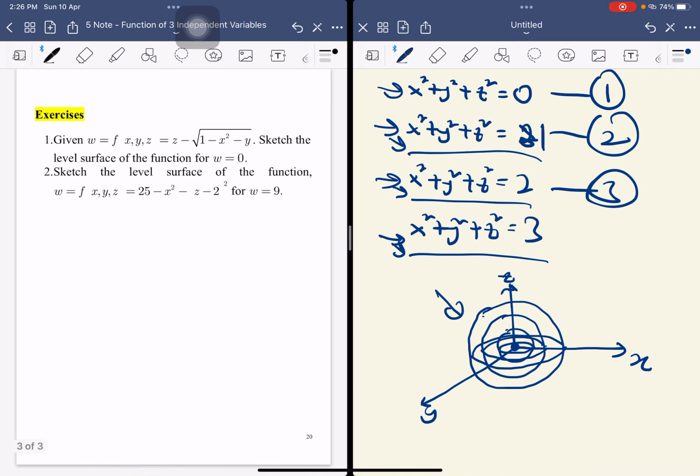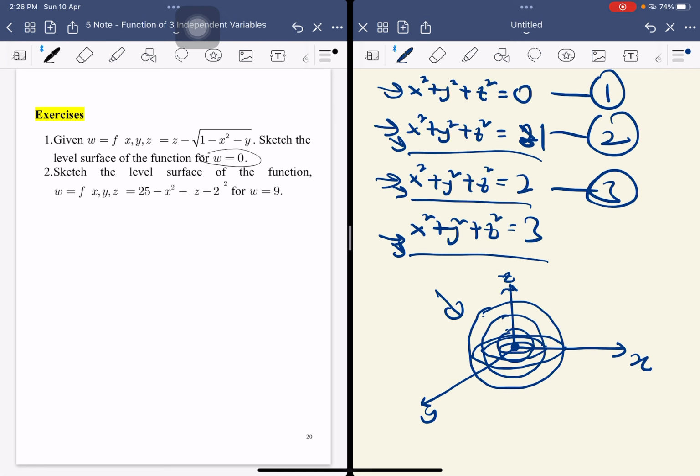Sketch the level surface of the function for W equal to 0, for example. So you're going to sketch it for the specific value W equal to 0 only. Like I said, sketching 3D space is not as easy as we think, so that's why we limit it to certain values when we talk about level surface.